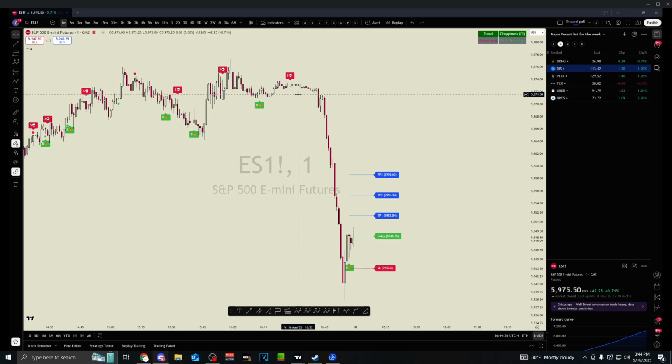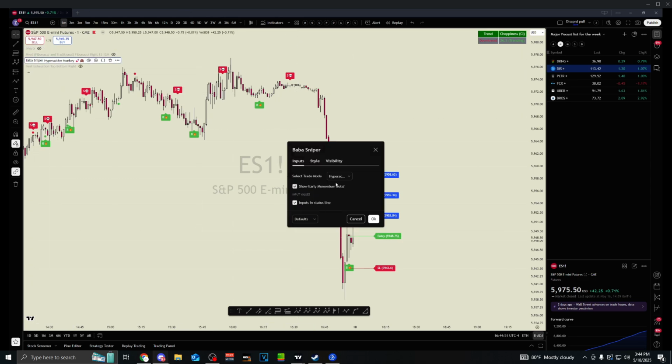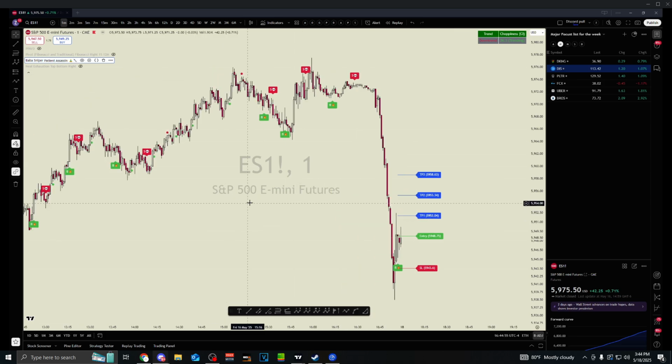That's the thing about Hyperactive Monkey. It changes so fast, you need to be fast enough to catch it. But personally, when I'm trading, regardless of futures or anything, I suggest you guys use Patient Assassin on the higher time frame. Not only that, it will give you a precise entry.